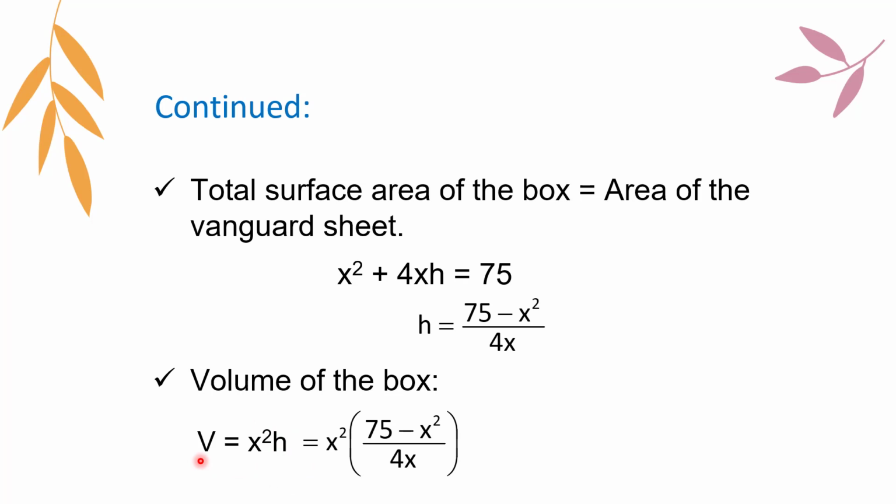Then V is x squared multiplied by (75 minus x squared) over 4x, and it will be 1/4 times (75x minus x cubed). So this will always be the same: you have a relation to relate one variable with the other, and you have a function to be differentiated in one variable only.